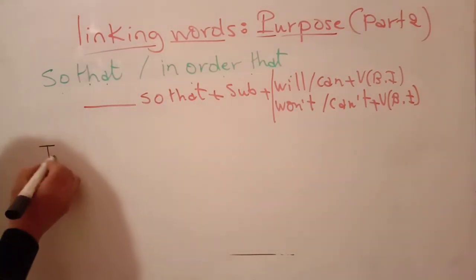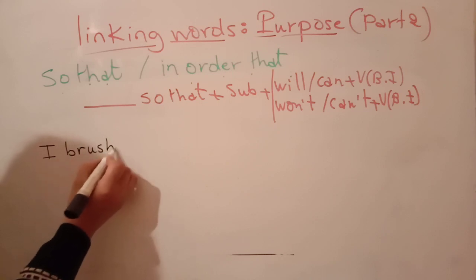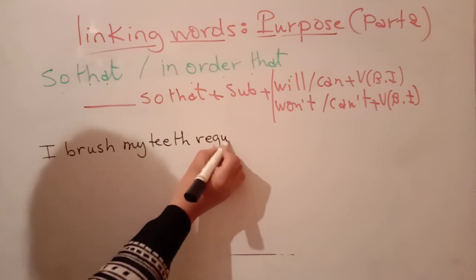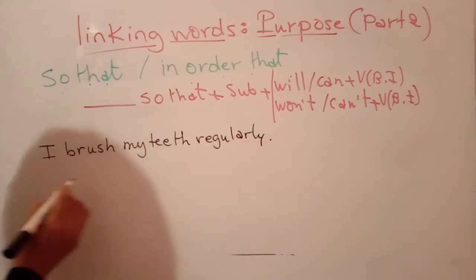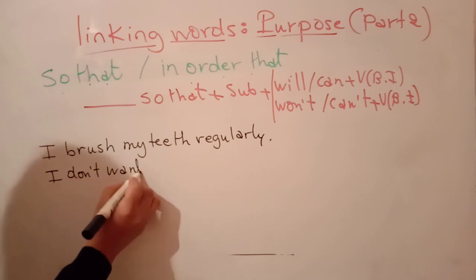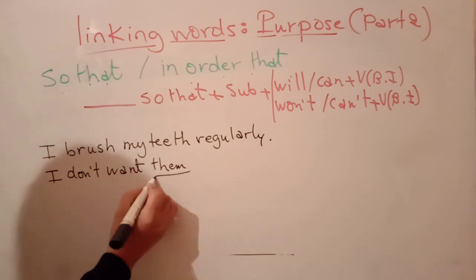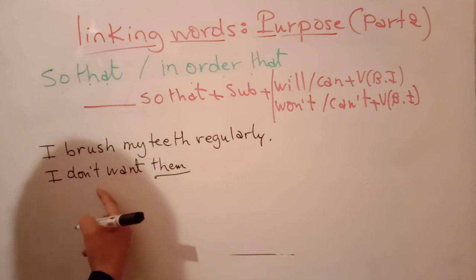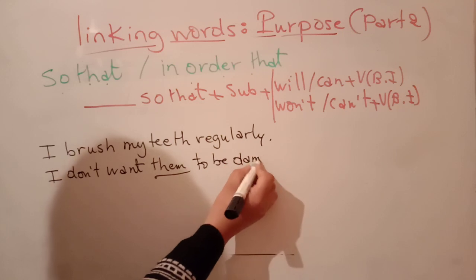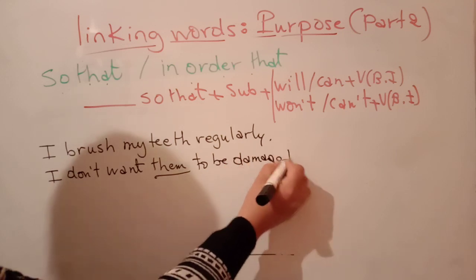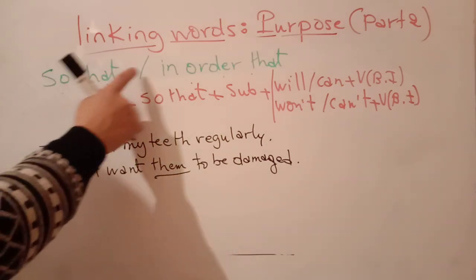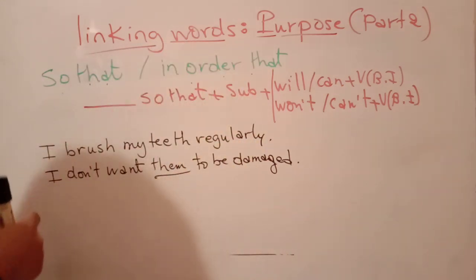Let's take another example. I brush my teeth regularly. I don't want them, so them refers to my teeth, I don't want them to be damaged. Two sentences that we need to link with either so that or in order that. We look at the situation first.